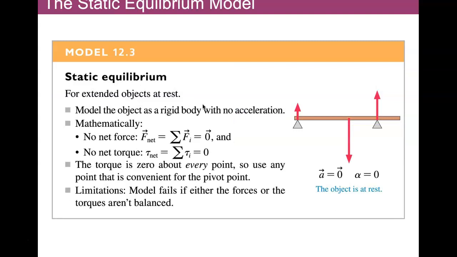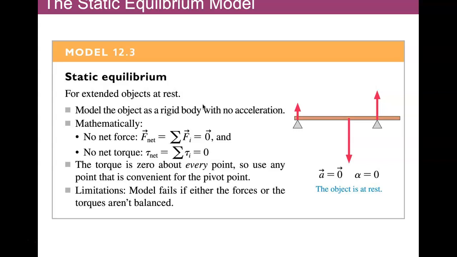So as I mentioned, when we're doing statics, we have two equations. Sum of all the forces is zero, sum of all the torques is zero. If we're looking at a two-dimensional problem like this, so it's not in three-dimensional space, basically the object can fit on a two-dimensional plane, and there's one axis of rotation.